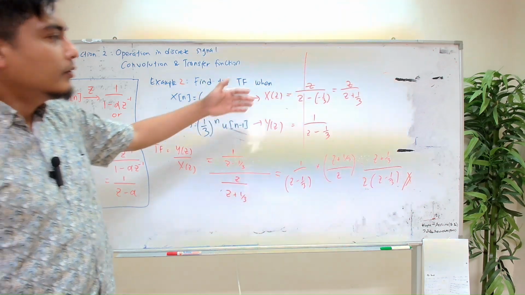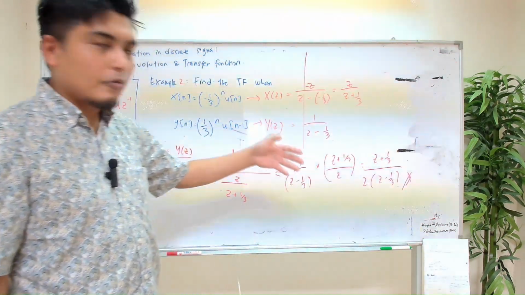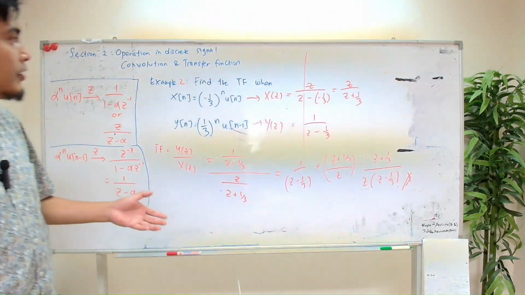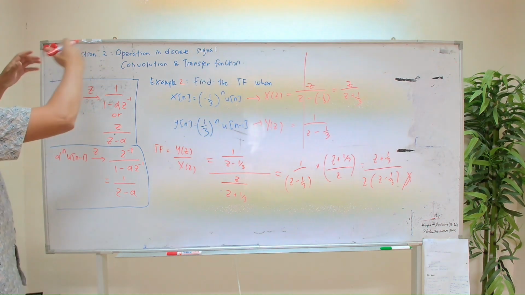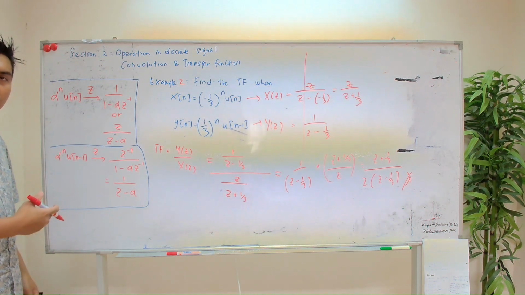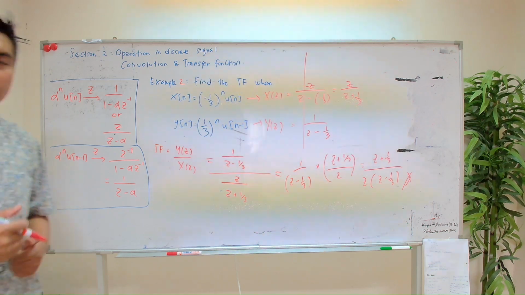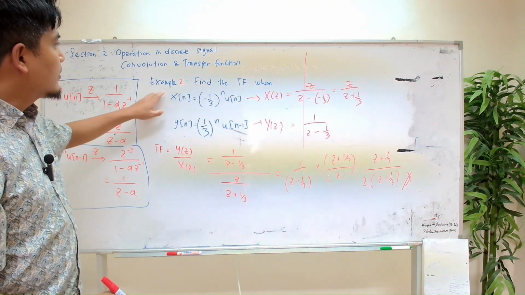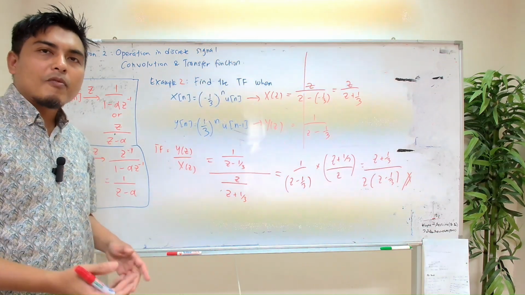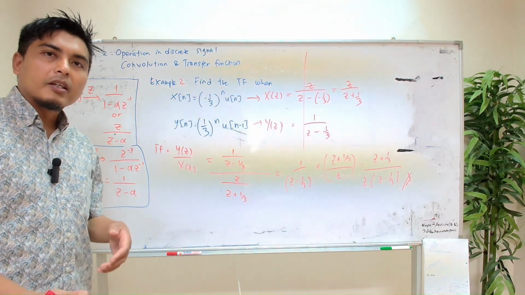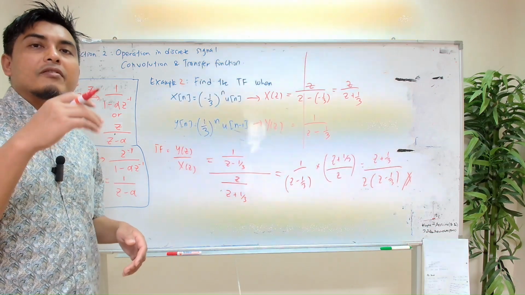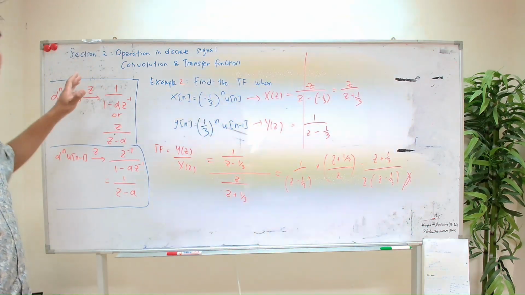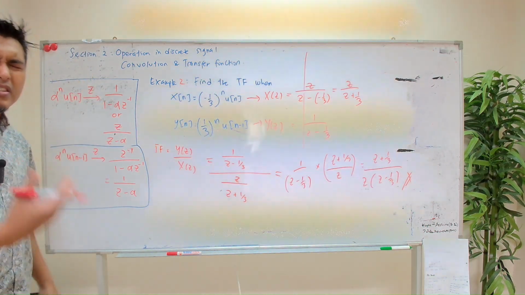Okay, it's very easy. It's very straightforward. So what you need to do, you must have this table, must know how to use the Z transform table in order to solve it. And then previously, for example number 1, we discussed about the convolution. In order to solve the convolution in Z transform, you need to use the information from the Z transform table.